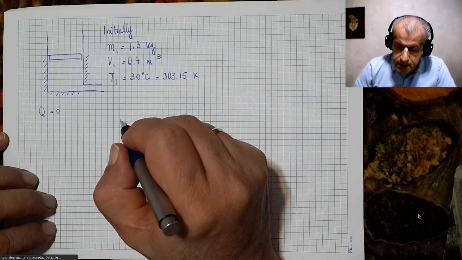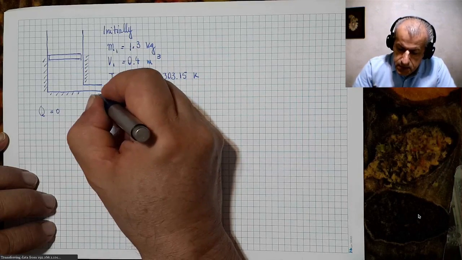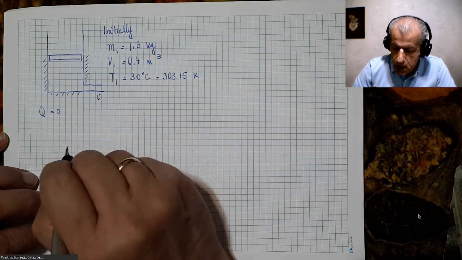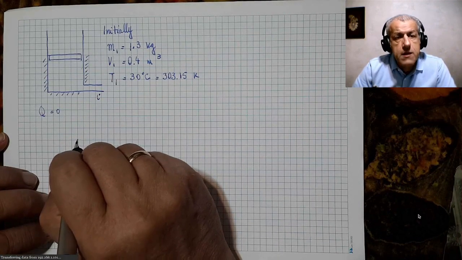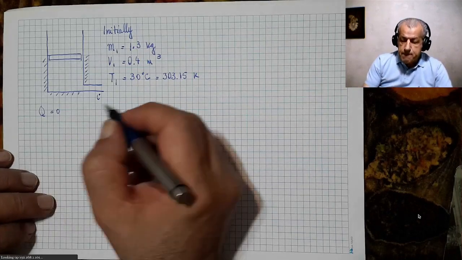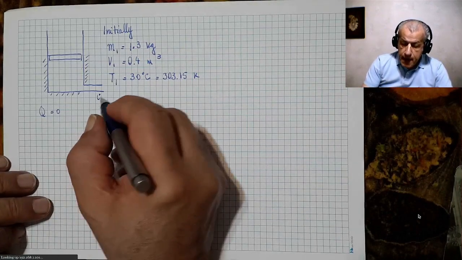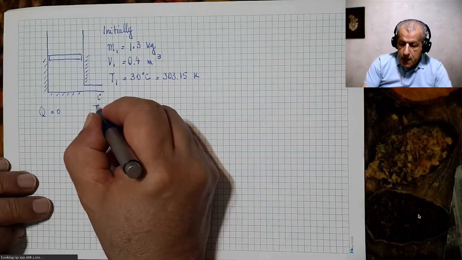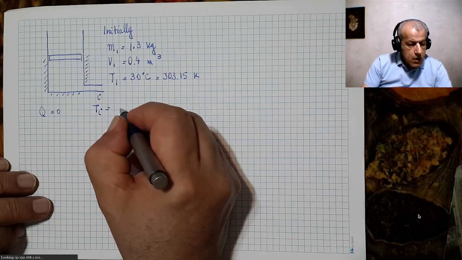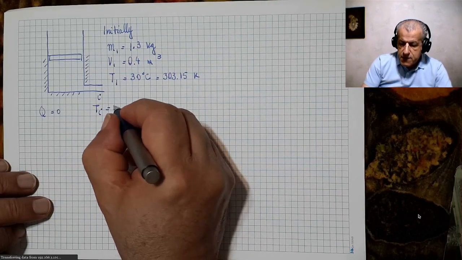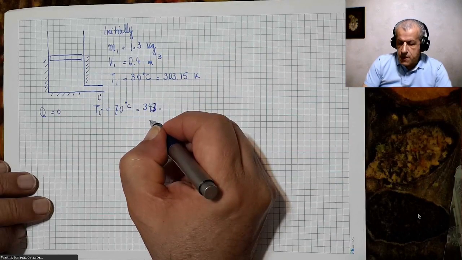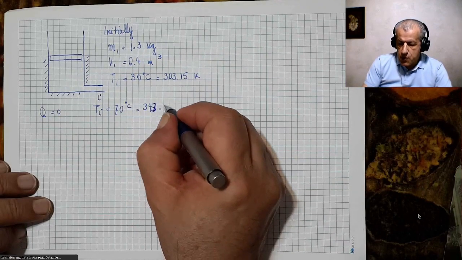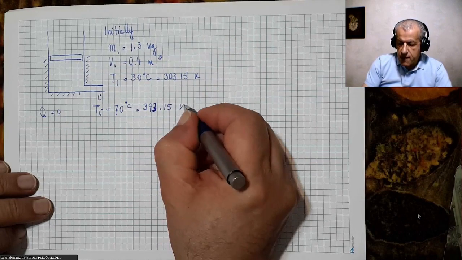It states that there is incoming air, so there is a point i, and the incoming air into this cylinder has a temperature Ti equals 70 degrees C, which equals 343.15 kelvins.